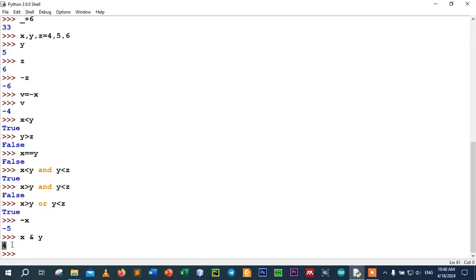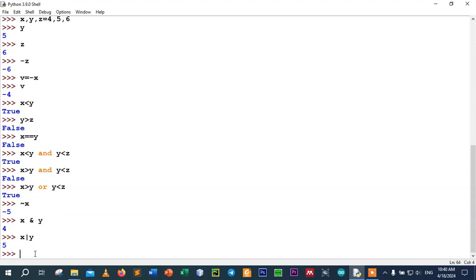The other one, x OR y. This is also 5. The binary value of 4 ORed with the binary value of 5 will give the result 5.